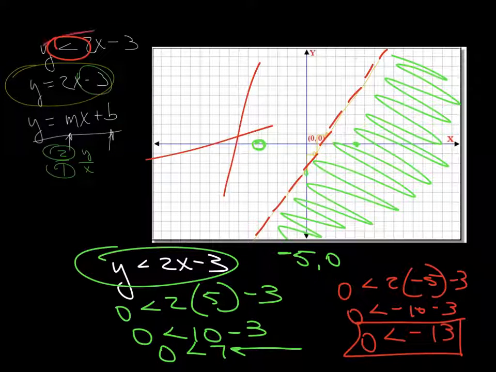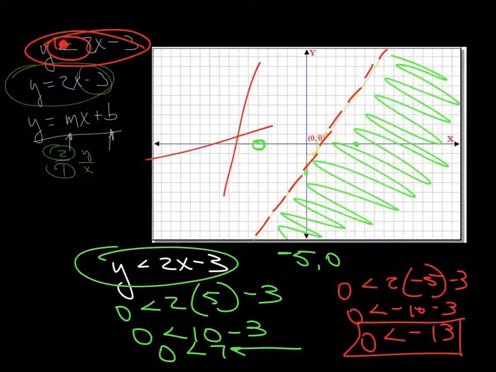So we take our original inequality and make it into an equation by changing the greater than or less than sign to an equal sign. We graph the line. We determine whether it's dotted or solid based on whether this is a less than or equal to sign, or a greater than or equal to sign.